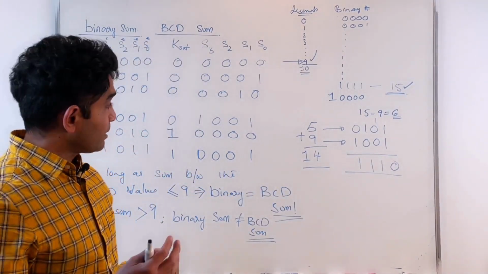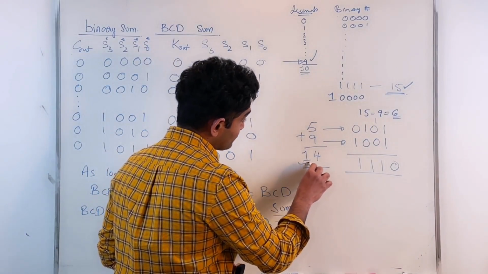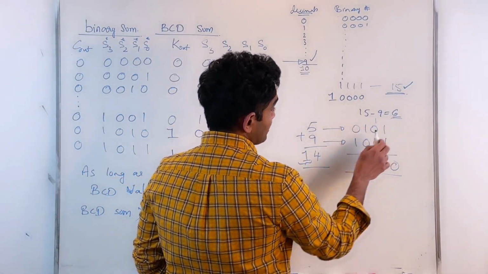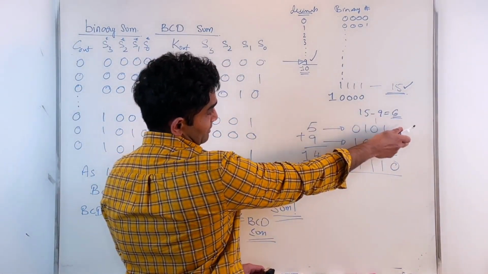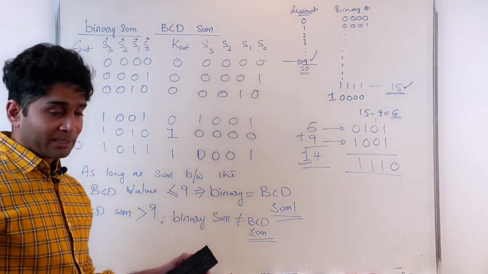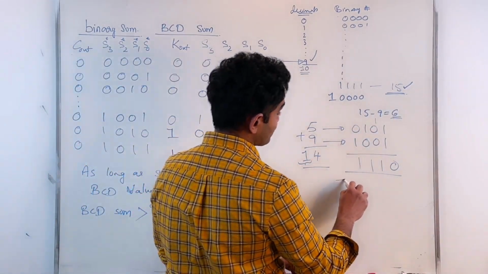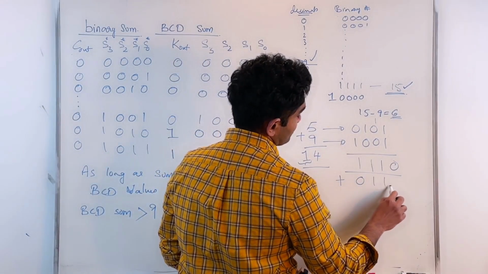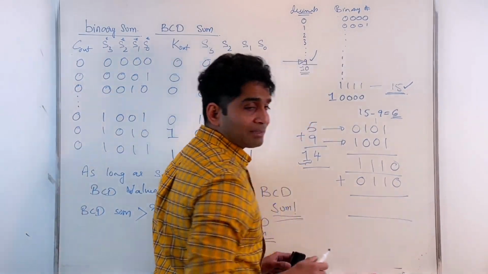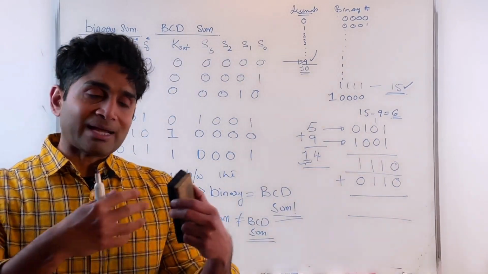How do I change it? Obviously, I need to produce a carryout. And as we discussed, the difference between the decimal and the binary sum is a factor of 6. If I add that factor of 6, 0, 1, 1, 0, I would be extending the binary sum so that I get the right BCD sum.